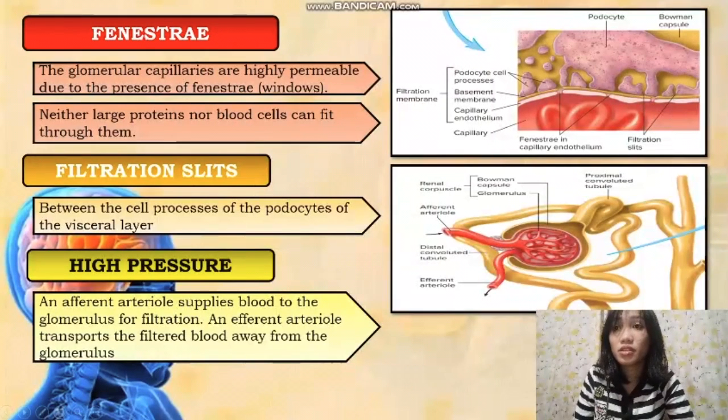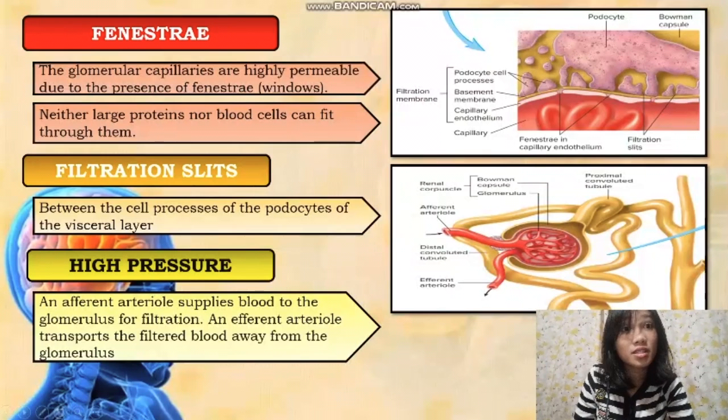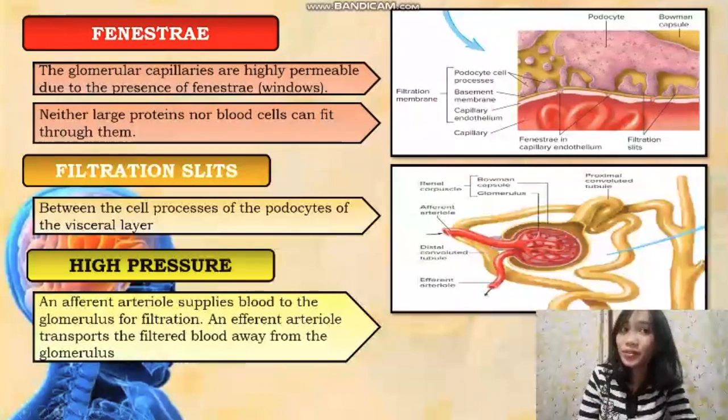So this is the process: the afferent arteriole supplies the blood, it is filtered in the glomerulus, and then the efferent arteriole takes the filtered blood away from this ball of yarn, the glomerulus.